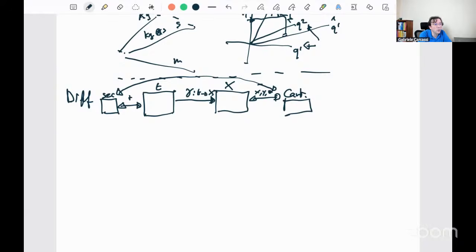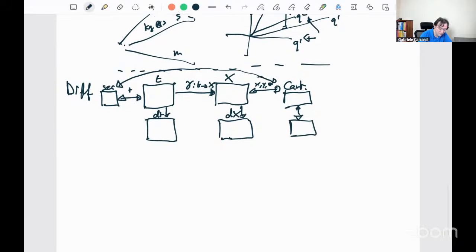Then what you want to do is you're going to have sets of displacement in position, the space of displacement in time, right? And this basically is what the tangent space should be, like little changes. And now you can also have little changes in the coordinates themselves.